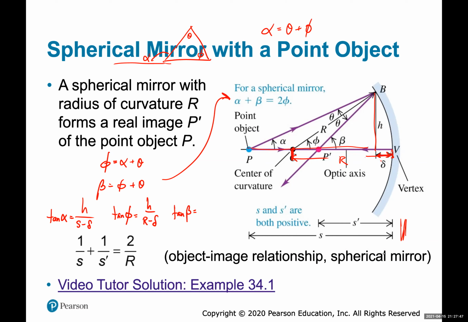Why is this true? Each time we draw a normal at the point of incidence. Now, this is normal to a circular mirror, well, a spherical mirror, but a circular mirror.